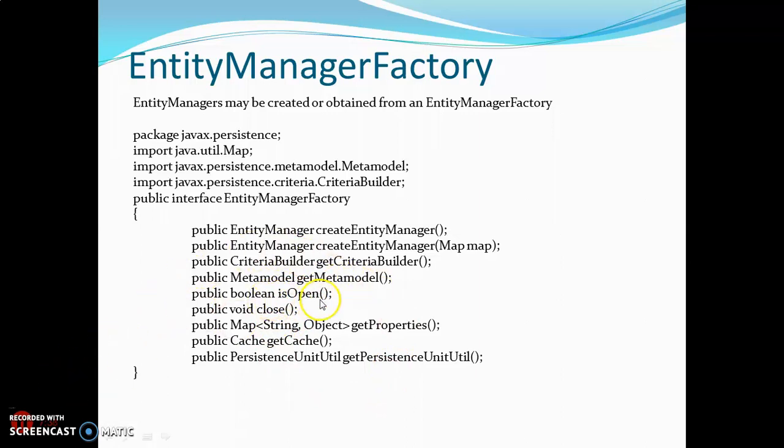Then whether it is open, we check using a boolean, then close, then we use the getProperties mapping with the object and the string, and we also use the getCache method to get the cache, and we also use getPersistenceUnitUtil.